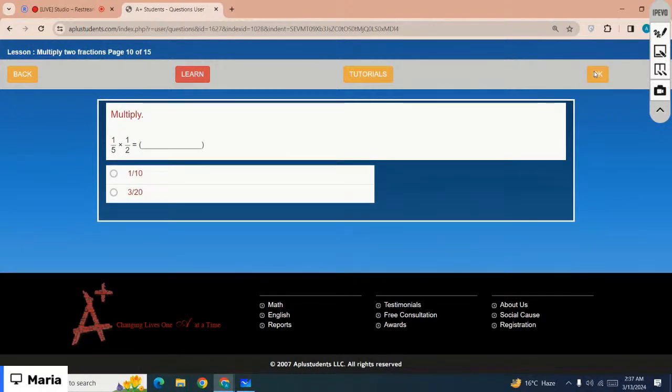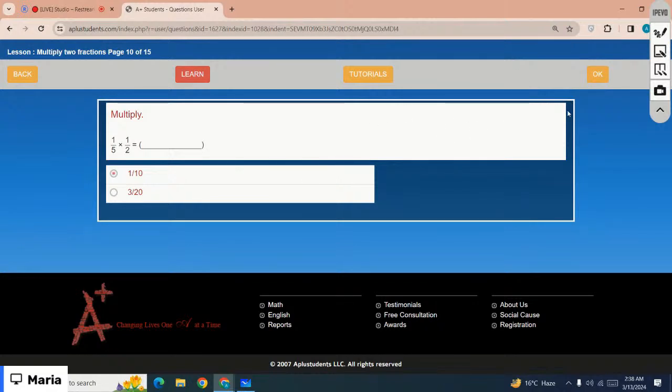Very good. The next one is 1 by 5 times 1 over 2. So which is the correct option? Yes, that is 1 out of 10.